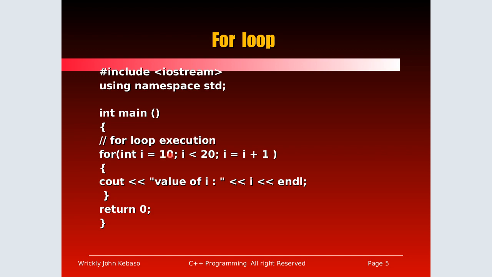Then we put a semicolon. This is the starting point. I hope it's clear. Are we there? Then after the semicolon, we give what we call the limit or the end point that this loop will reach.